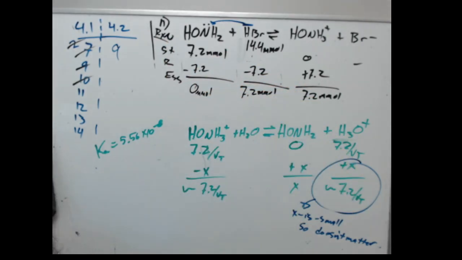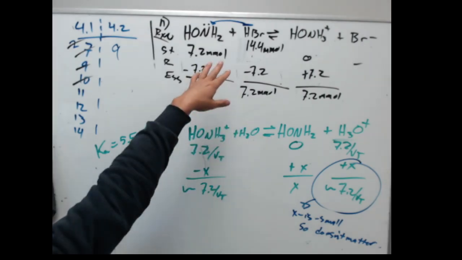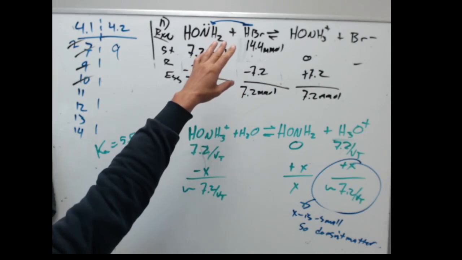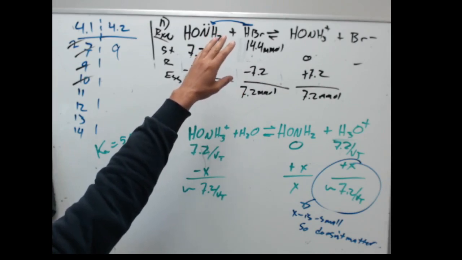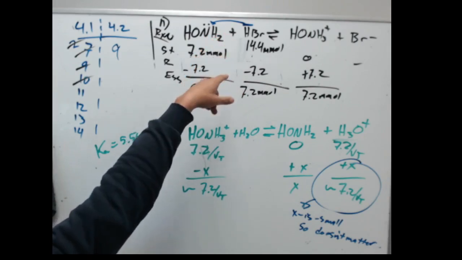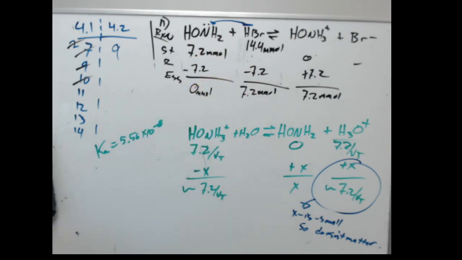What's the concentration of your base? 0.3. So you're going to take that number of moles per liter, and divide by the concentration, and that's the volume. 14.0.